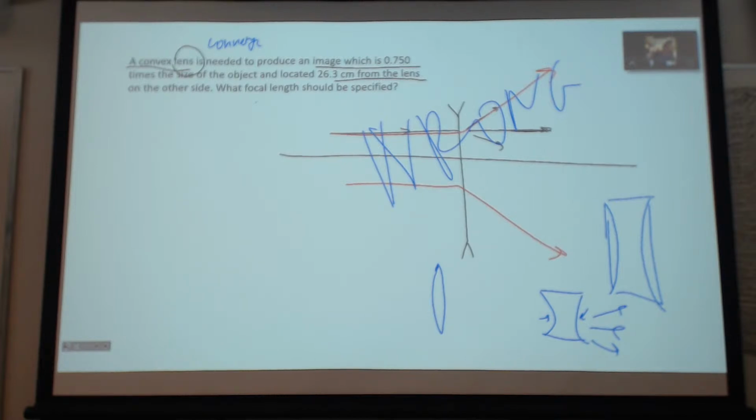So for this lens, with this kind of shape, light should travel through the lens bending toward the principal axis.